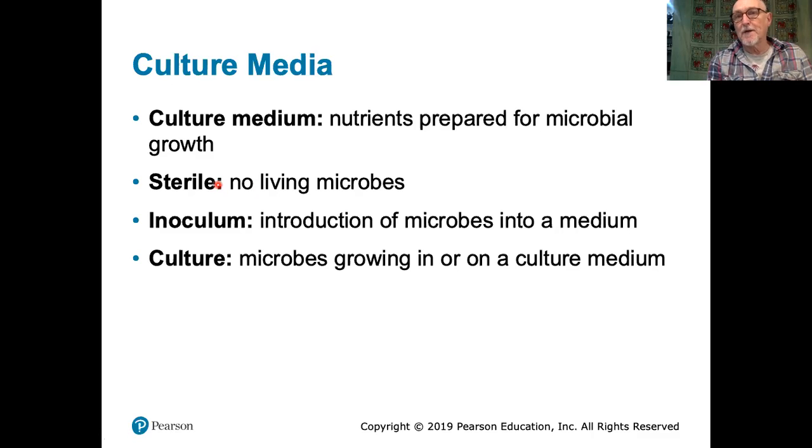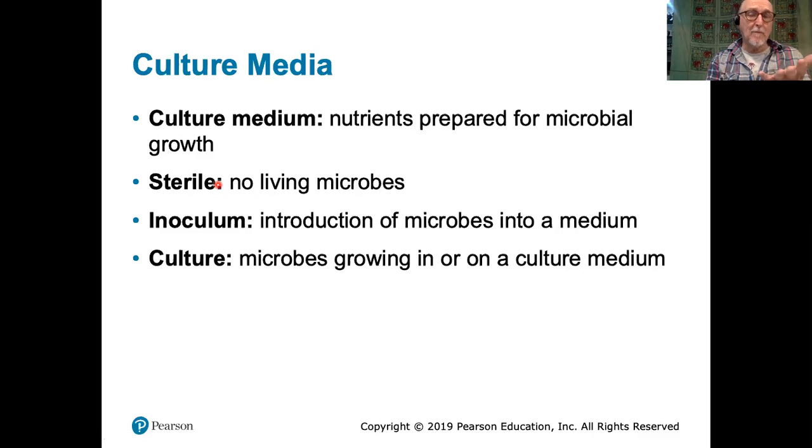That is a pressure cooker in which we are able to raise the temperature well above boiling point. And that ensures that we kill not only living bacteria, but that we kill bacterial spores as well, which is another major source of contamination.